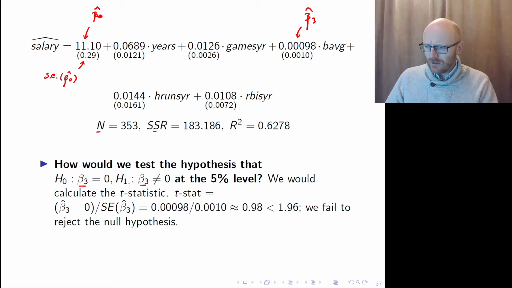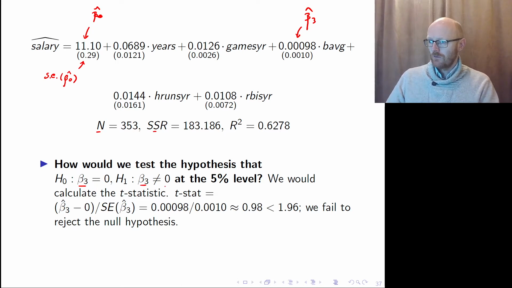The null hypothesis is that batting average does not have any impact on the salary. So the true effect of batting average on salary is 0. Okay, the slope is 0.